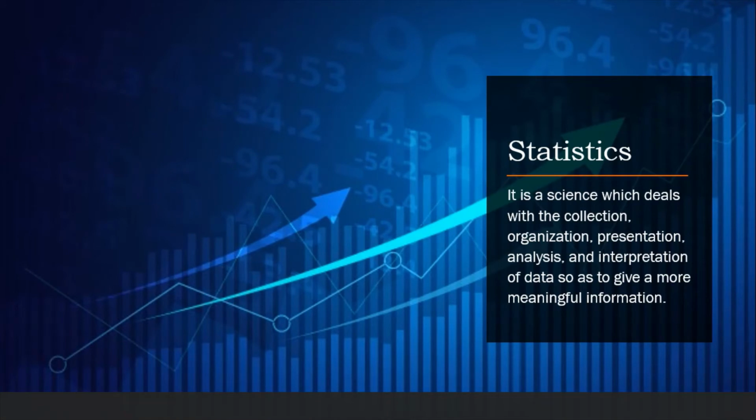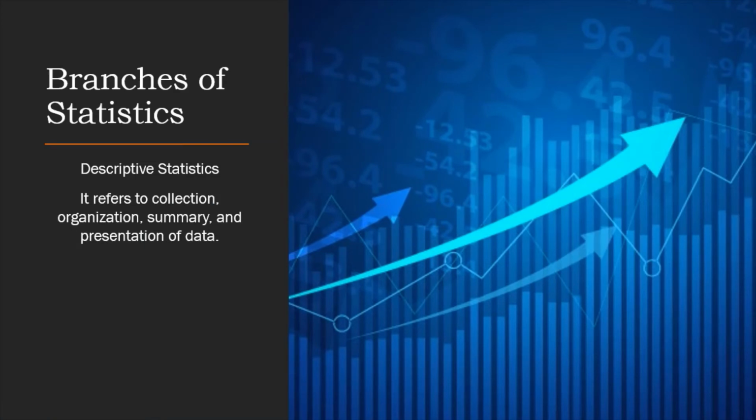Statistics. It is a science which deals with the collection, organization, presentation, analysis, and interpretation of data so as to give more meaningful information. Statistics is subdivided into two branches, namely descriptive statistics and inferential statistics.